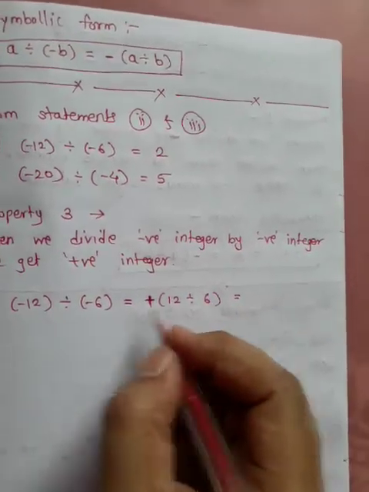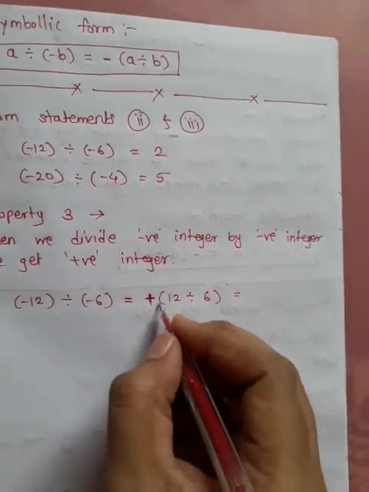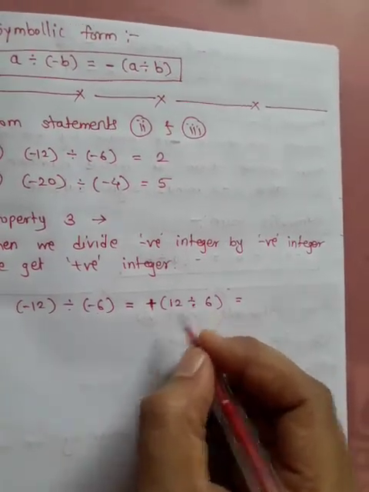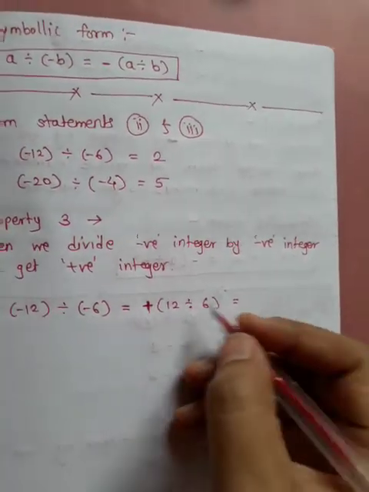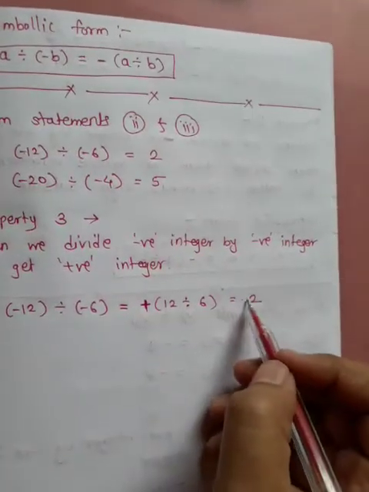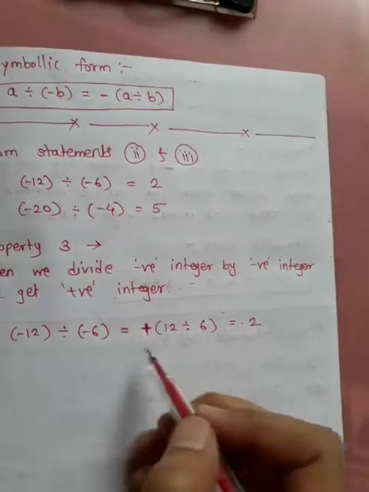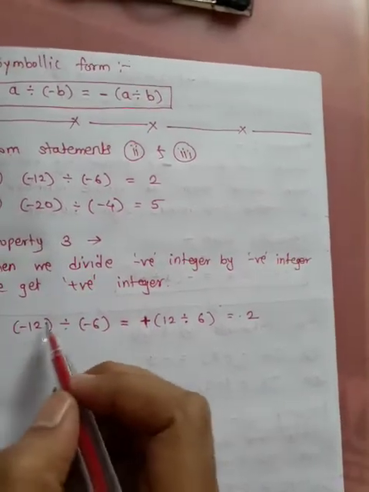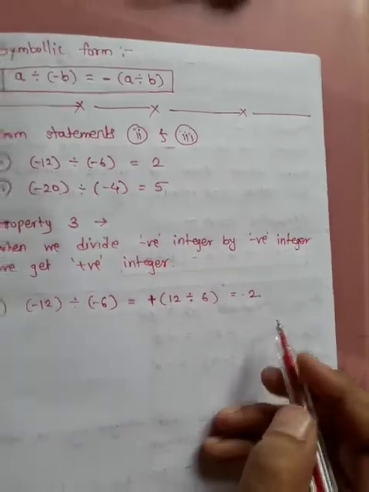So when we divide a negative integer by a negative integer, first divide them as whole numbers, that is 12 upon 6, and take the positive sign outside. 12 upon 6 is 2. So minus 12 upon minus 6 gives you 2. This is from the table, this is from actual division.